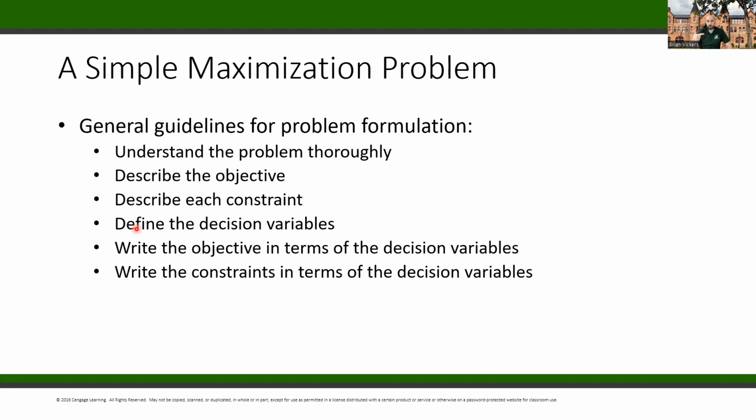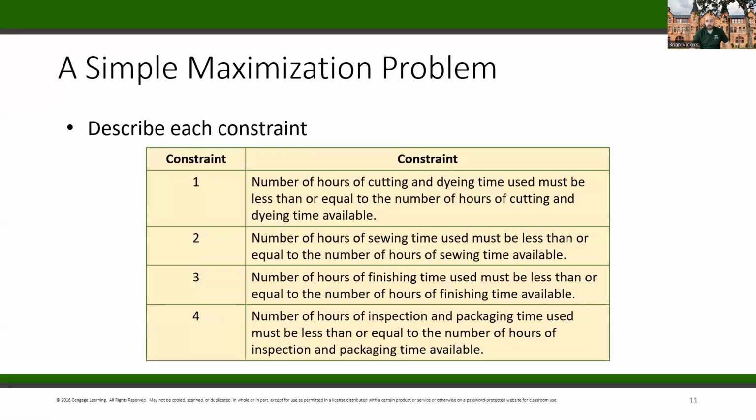How many of this do I make, right? Only what you can actually affect are decision variables. So you're going to see the term decision variables quite a bit. Typically, in a problem like this, what are we deciding on? We're deciding how many standard bags to make, and we're deciding how many deluxe bags to make. So there are only two decision variables in this problem.